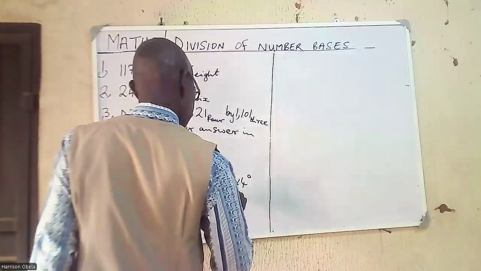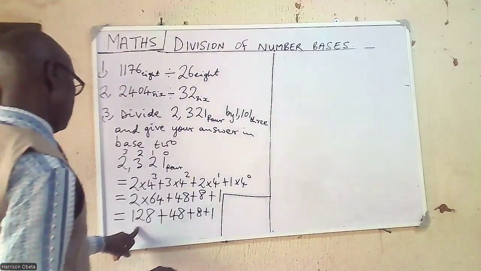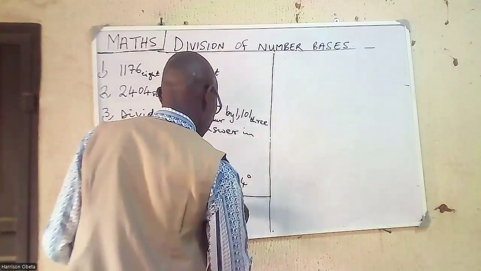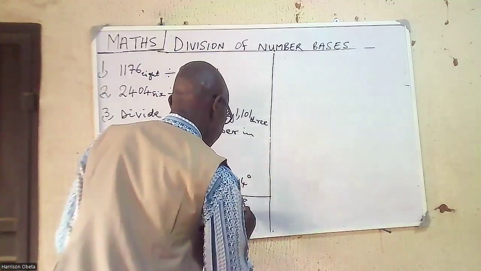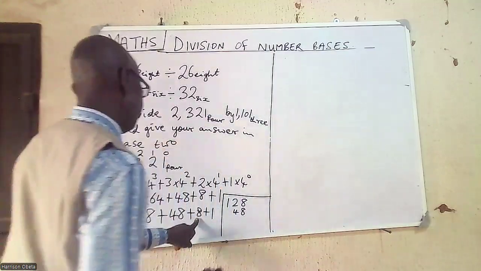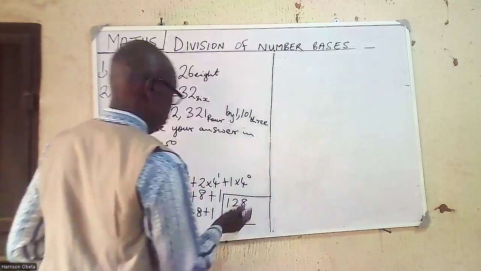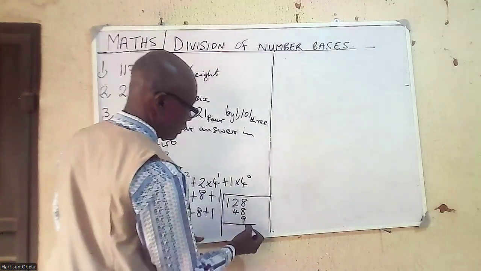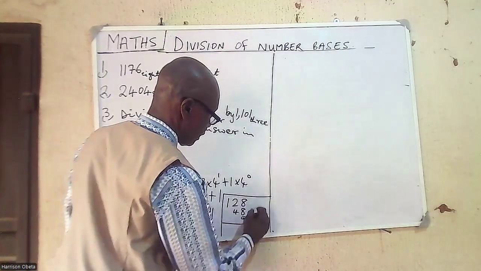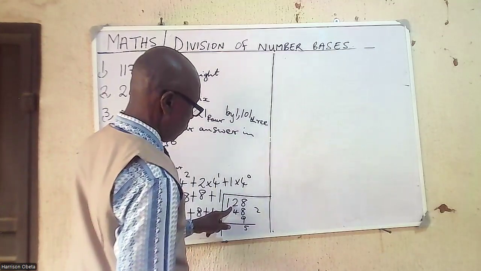Now, adding it here, we have 128, 48. This is 9. So 8 plus 8 is 16, plus this is 25. Carry 2. This is 4.